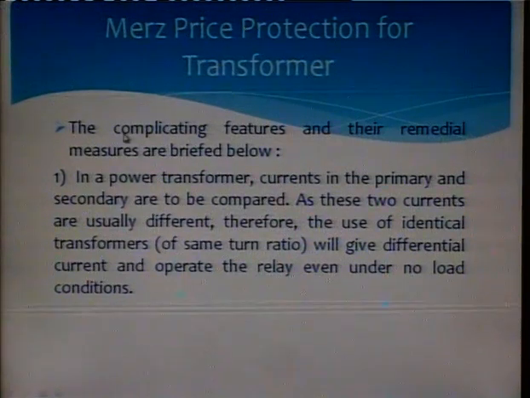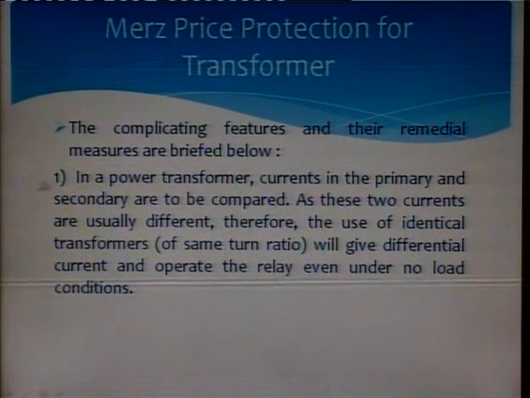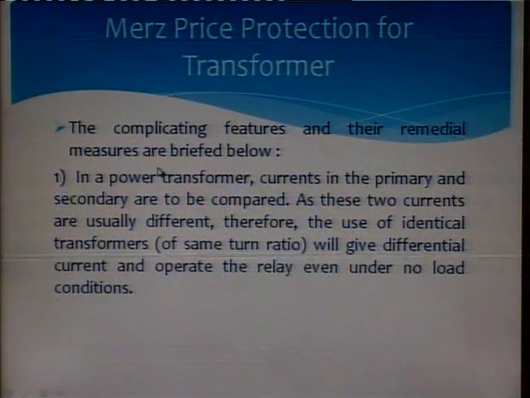So there are some complicating features, and their remedial measures are briefed below. Now in a power transformer, currents in the primary and secondaries are to be compared. As these two currents are usually different, as you know, for the primary winding and the secondary winding, the currents are different.